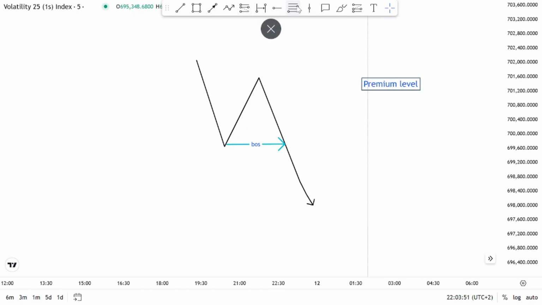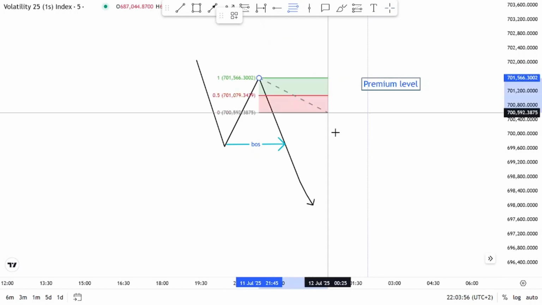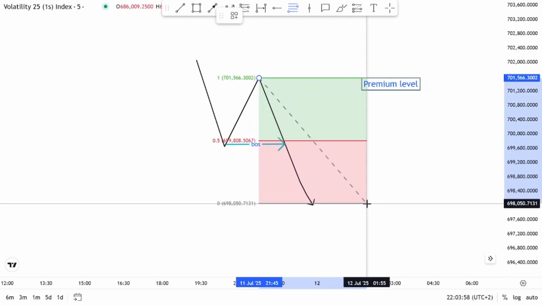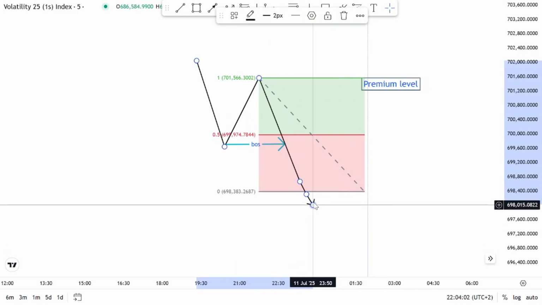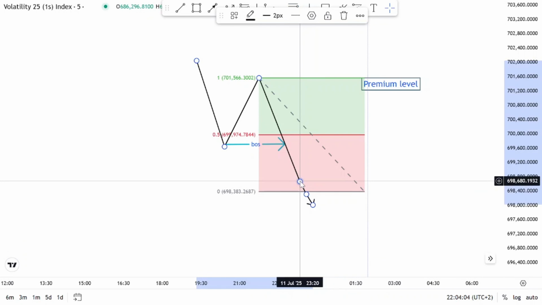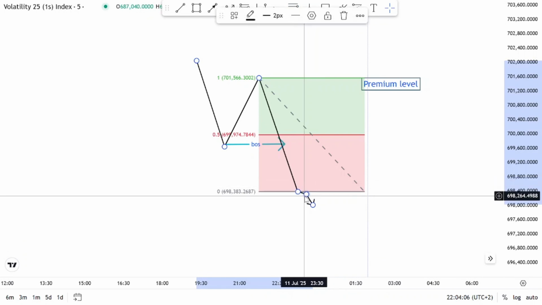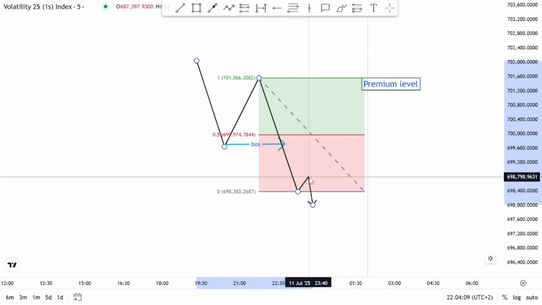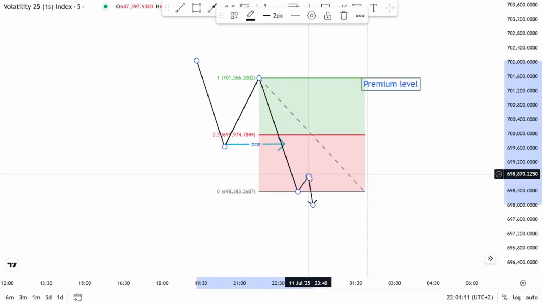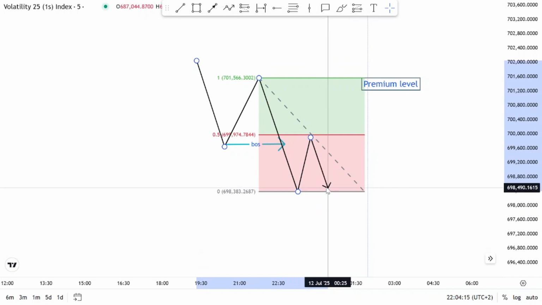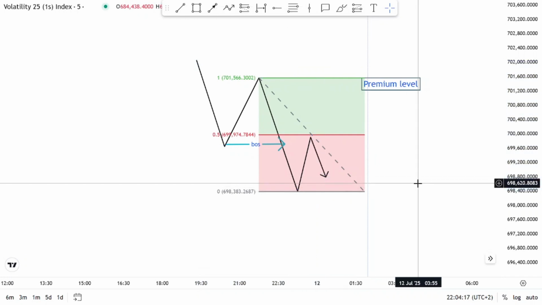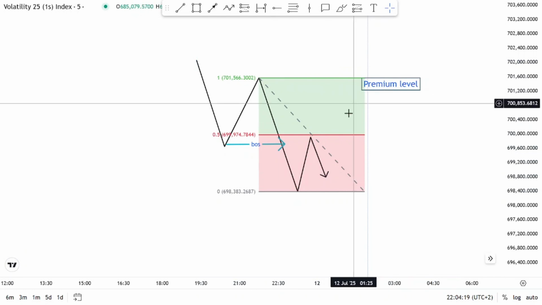Sorry. So we use our Fibonacci retracement tool. So here we sell at a premium level.